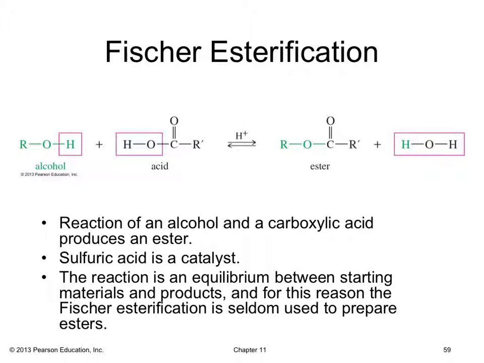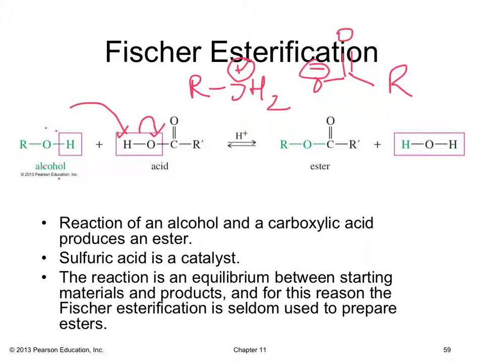Sulfuric acid is the catalyst, right? So what will happen is electrons from your oxygen will take that first, right? So then that would be protonated. I'm going to OH2, and then O. So then the rest of your acid, right?